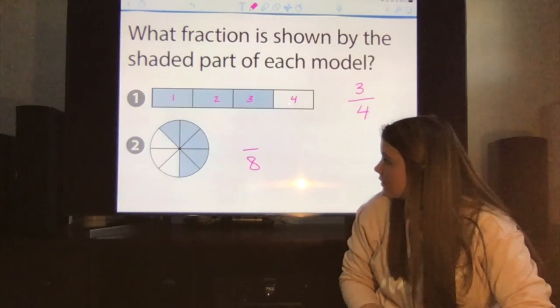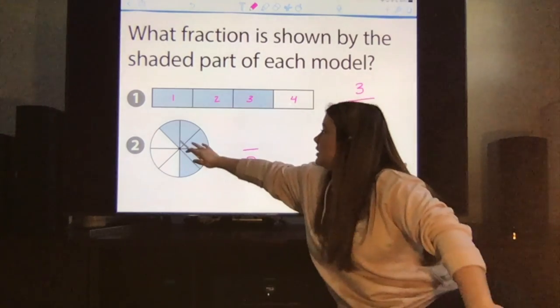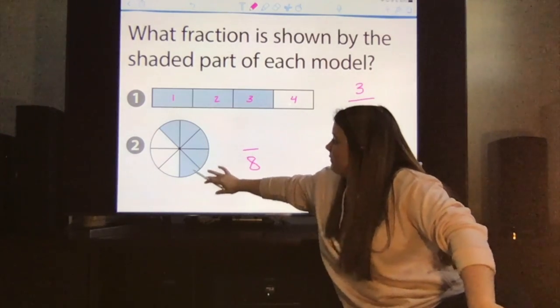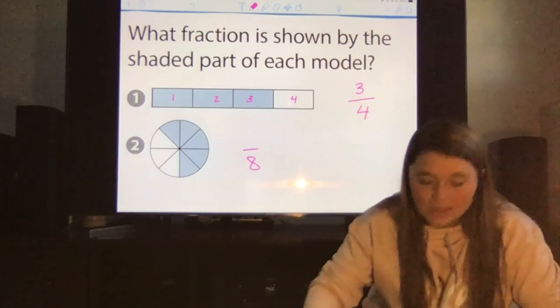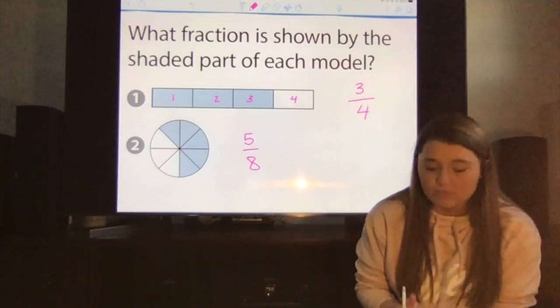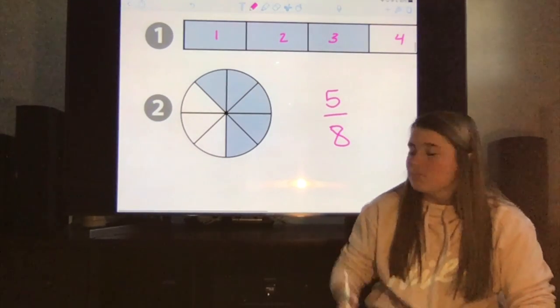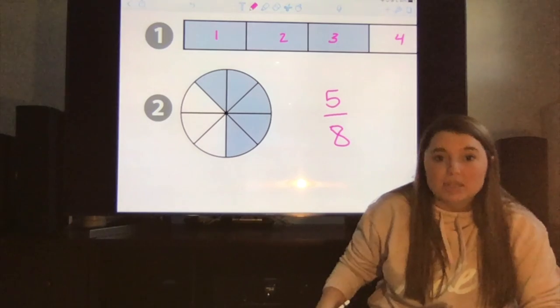Then I think about how many are shaded. I see 1, 2, 3, 4, 5. 5 out of the 8 are shaded. So that's what's going to give me my numerator of 5. This represents 5/8, and I'm always talking about the parts that are shaded.